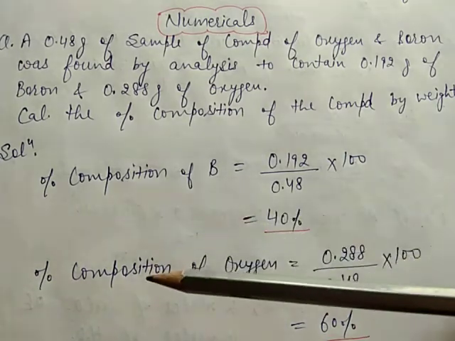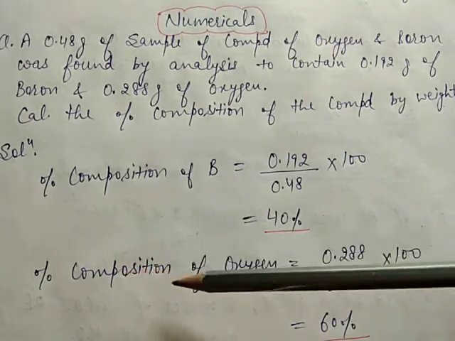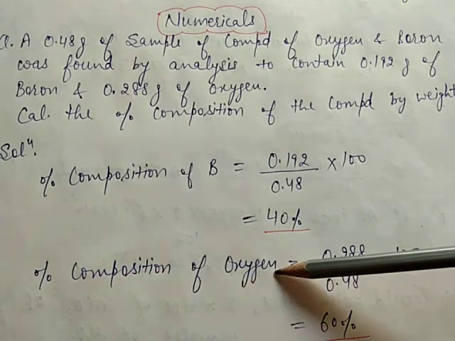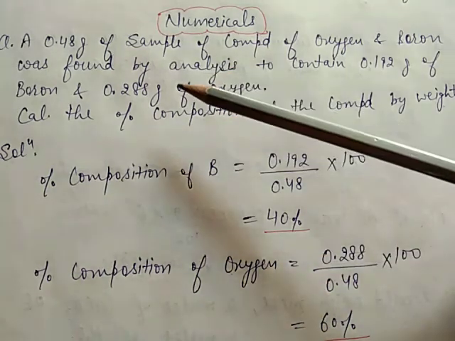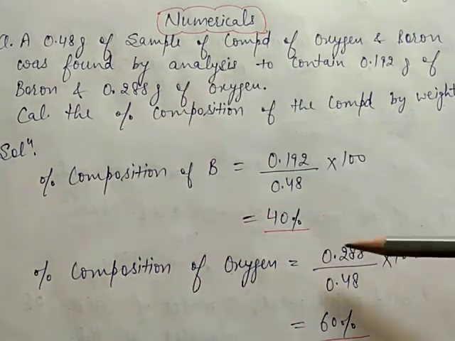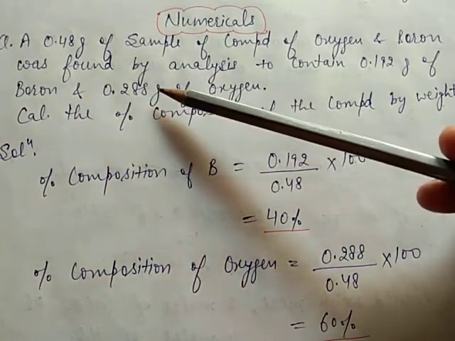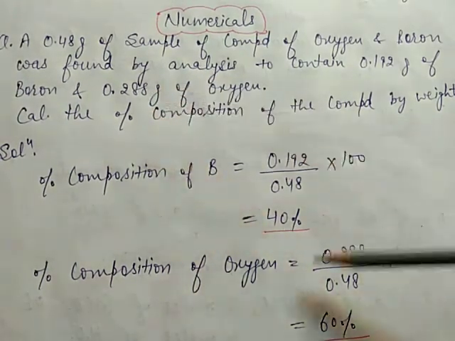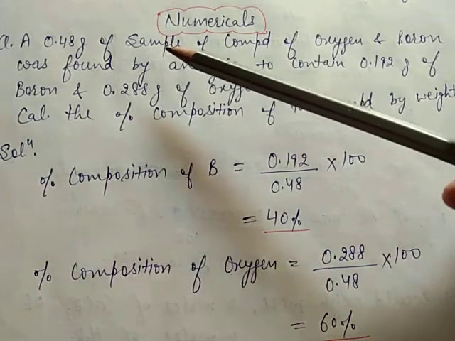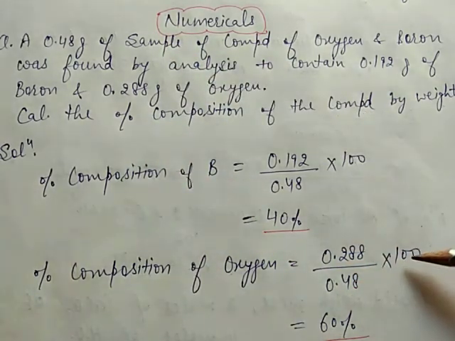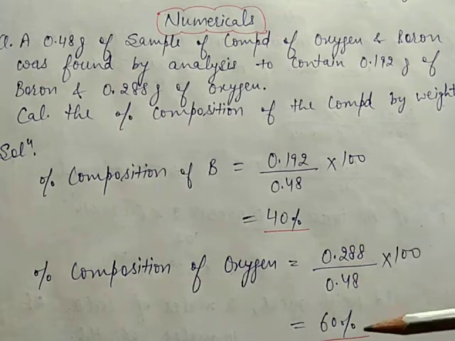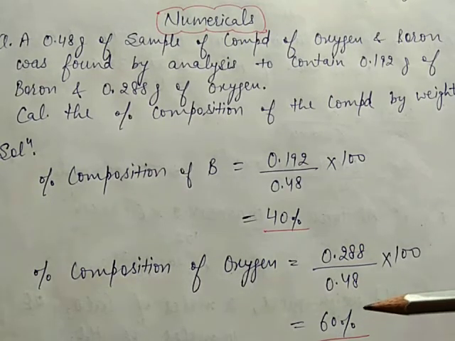Now next we have to calculate the percentage composition of oxygen atom. Here the mass of oxygen present is 0.288, divided by total mass of the compound, that is 0.48, multiply 100. After calculating, that is 60%.